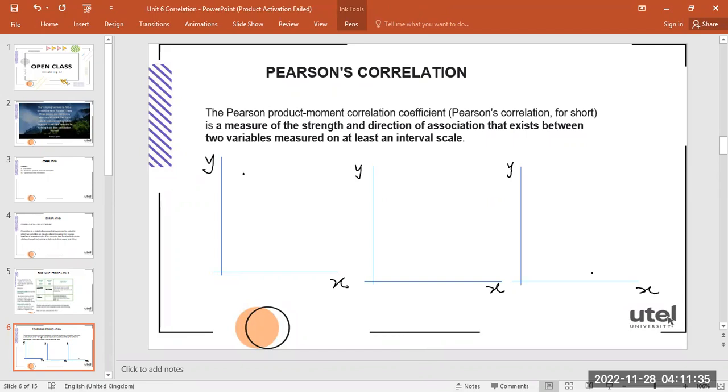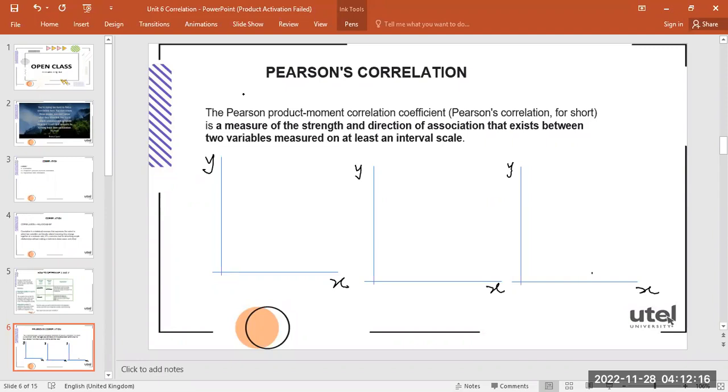Linear regression helps to establish the relationship between two variables, x and y, the dependent and the independent variable, while correlation helps to tell us the strength of this association. Usually linear regression helps to express the relationship in a mathematical form, while correlation helps to tell us the direction and the extent of the relationship, whether it's strongly related or loosely related, or there's no relationship existing at all.